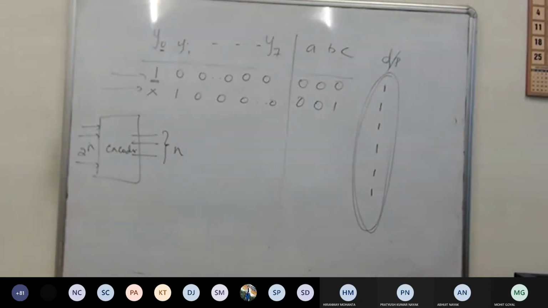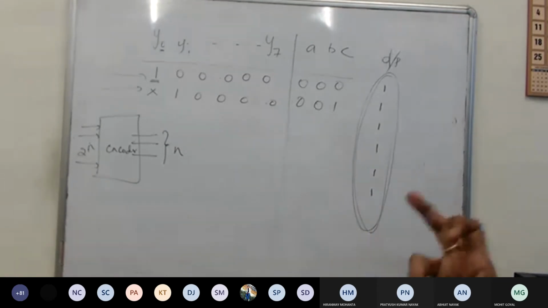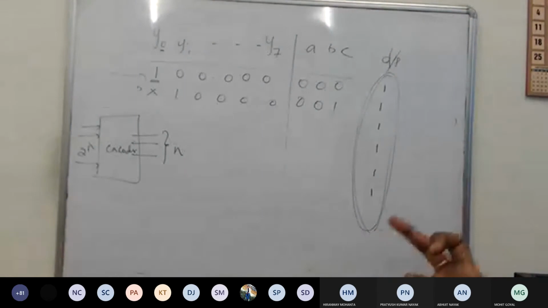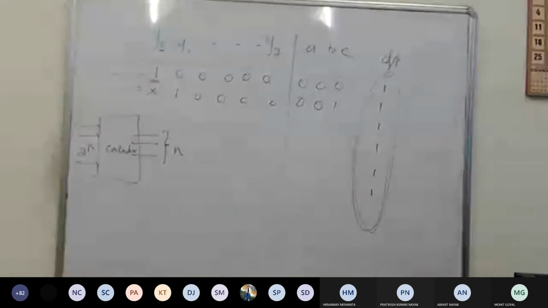So you have to understand that an encoder is a multiple input combination which gives an output specified for the one that is active. That is the way it is inverse of a decoder, not in any other manner. It's not correct to say that just by reversing it we will get a decoder.